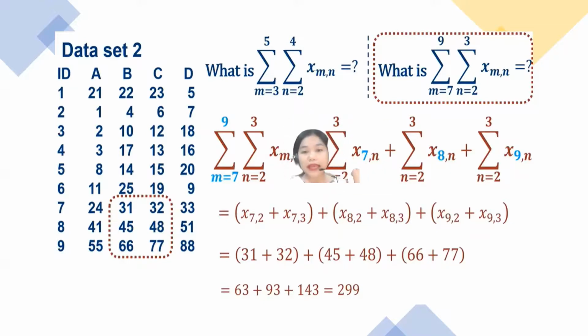Summation of x7n as n goes from 2 to 3 plus summation of x8n as n goes from 2 to 3. And lastly, summation of x9n as n goes from 2 to 3. So we have already expanded the left-hand side. Let's try to expand the summation again by expanding the right-hand side.